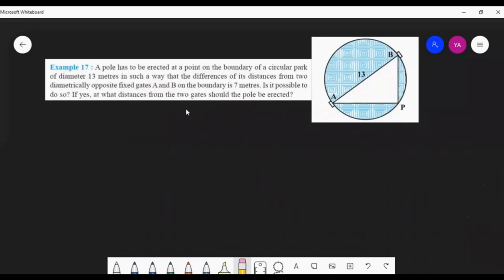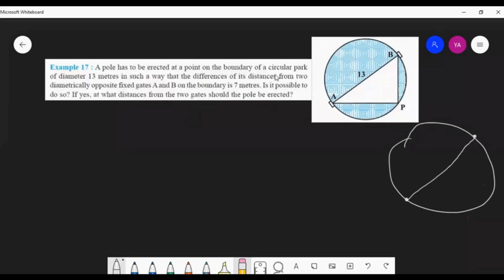So the question says like this. This is a circular park having diameter 13 meters, and there are two gates to this park. Diametrically opposite means that by connecting these two gates you will get a diameter.